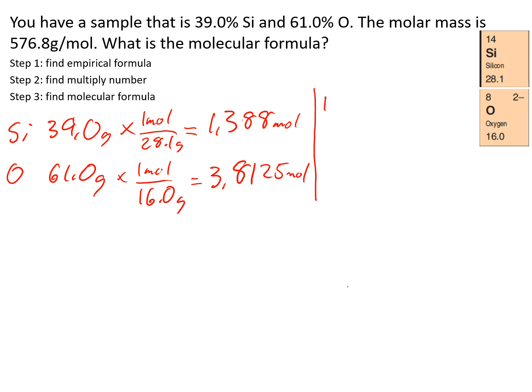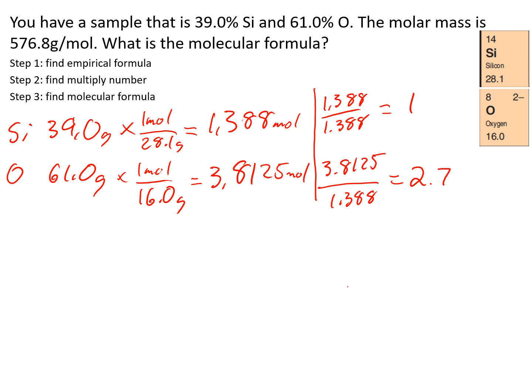Divide by the smallest number. That's just 1. Divide by 1.388, and this is 2.75. I actually got 2.7468, but we're going to round that to 2.75.